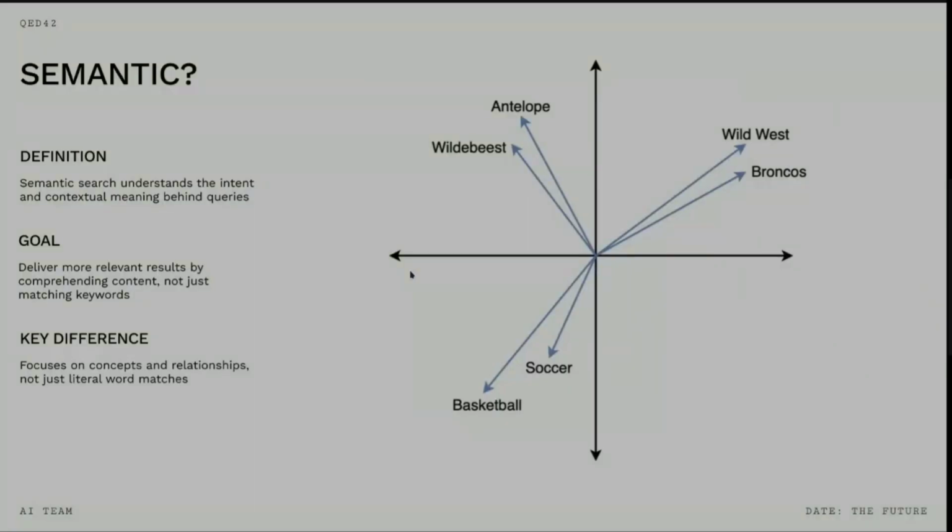So, to semantic search. Compared to a regular lexical search or keyword search, semantic search understands the intent behind your query. For example, let's take a query like, what was there a basketball match in October?